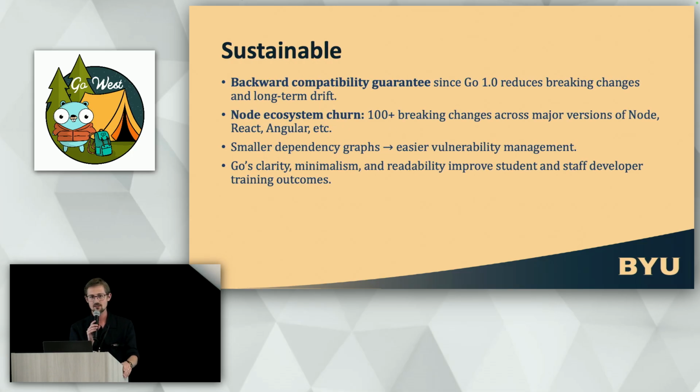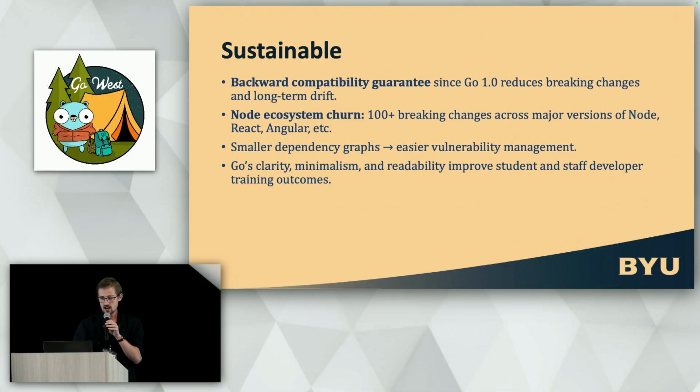Backwards compatibility, again, along the lines of longevity, we really could not afford to have breaking changes in our ecosystem every few months. And when Go has this promise of backwards compatibility for version 1, we really like that. And we hope to emulate the same in our shared libraries, to not have breaking changes.